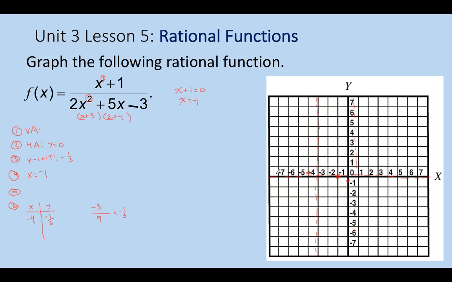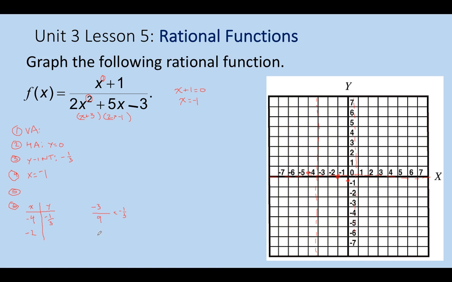Let's figure out some more points here. I've got 2 in the middle here, but I'm still kind of unsure how it could look. I'm going to check out what it would be at negative 2. So if x equals negative 2, what's going to happen? I would get negative 2 plus 1 on the top.